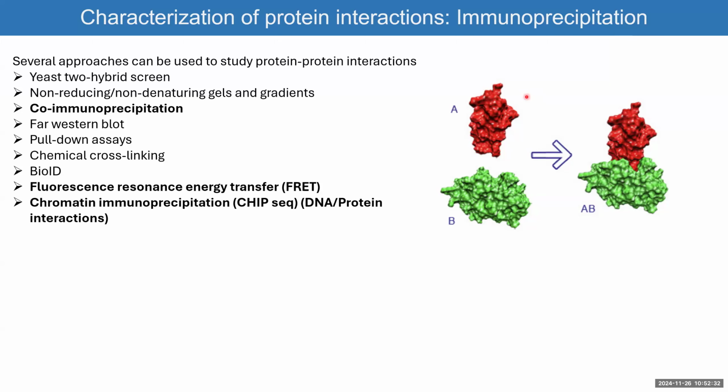I find an antibody that binds to protein A, and then I pull protein A down. If protein A binds to protein B, then most probably protein A will bring protein B down with it. If A doesn't bind to B, when I pull down A there will be no combination of the two. So that's how it works.